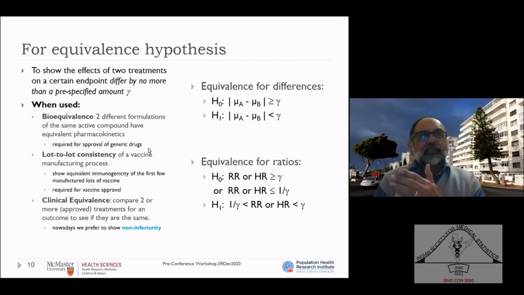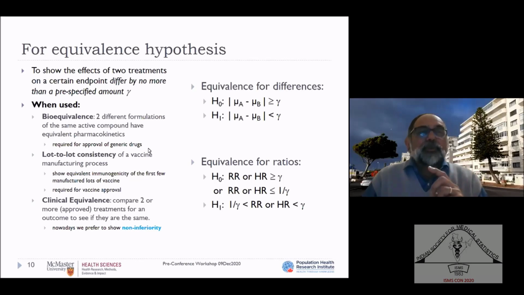And so this is usually for approval of generic drugs. Or for example, when they're doing vaccine manufacturing processes, they're looking at lot-to-lot consistency and basically showing an equivalent immunogenicity of the first few manufactured lots of vaccine. And this is required for vaccine approval.